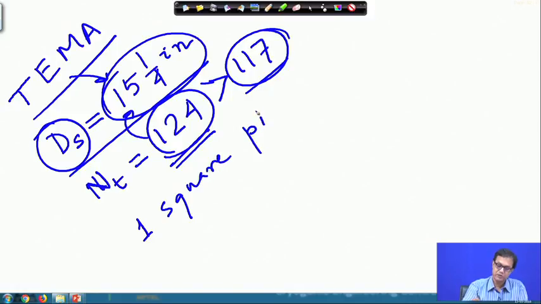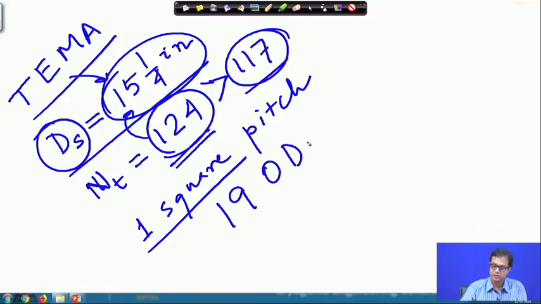This is the pitch that is also defined by them, and here the baffle spacing, and we have also been specified about the tube OD, that is 19 mm, and 16 mm is the ID of the tube. And the baffle spacing remains the same.